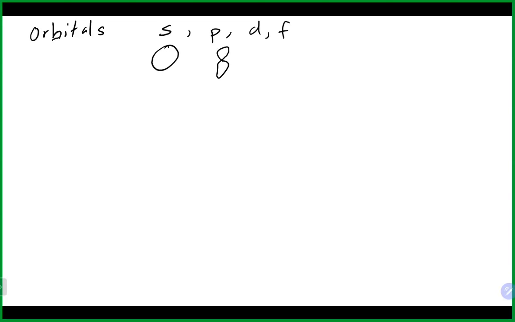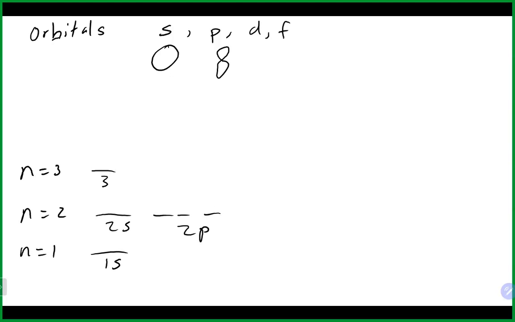The important thing we talked about is that on the first energy level, there is really just a 1s orbital. When you get to the second energy level, there's a 2s orbital and a 2p orbital. When you get to the third energy level, 3s, 3p, and that is where we see our 3d.